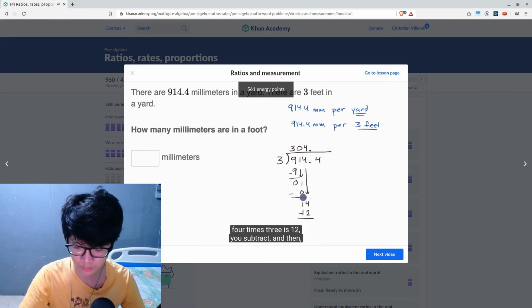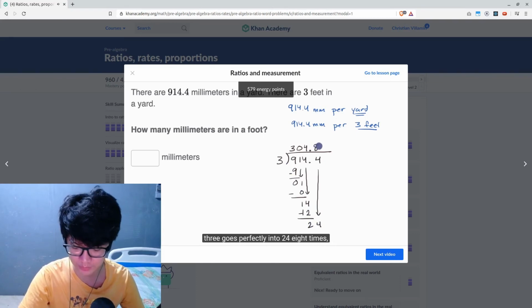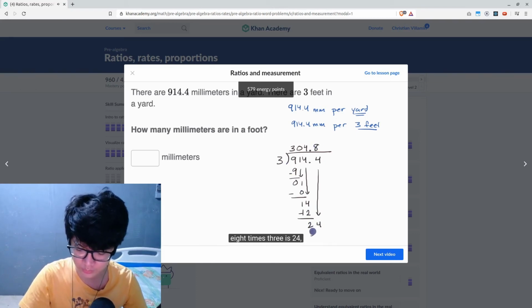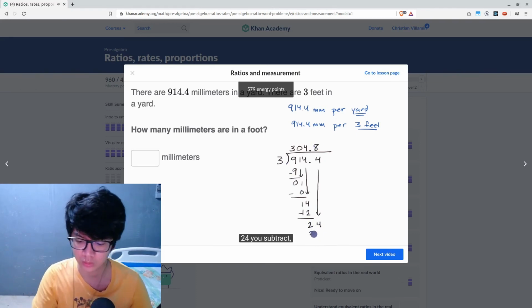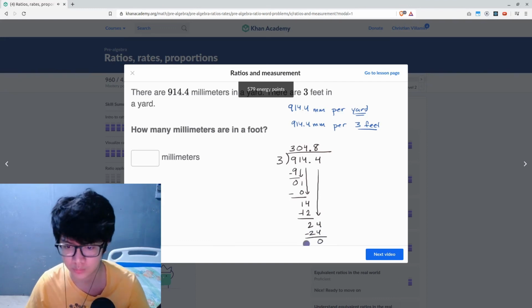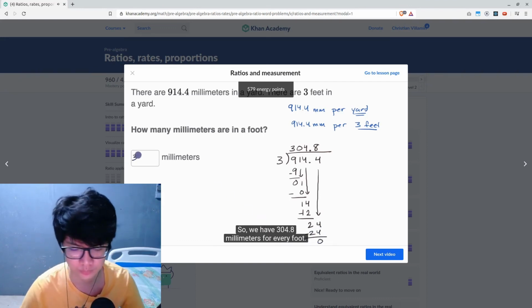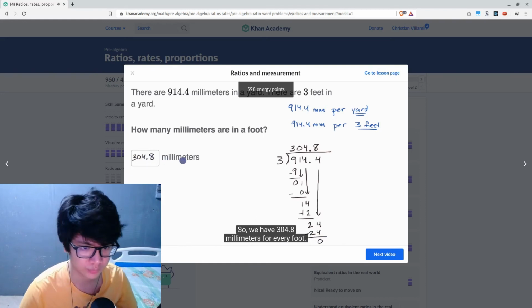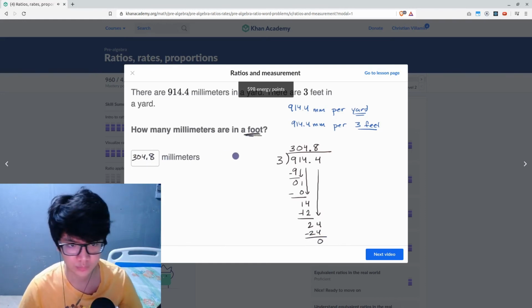You subtract, and then you get a 2. Bring down this 4, you get a 24. And lucky for us, 3 goes perfectly into 24. 8 times 3 is 24. You subtract, and we have no remainder. So we have 304.8 millimeters for every foot.